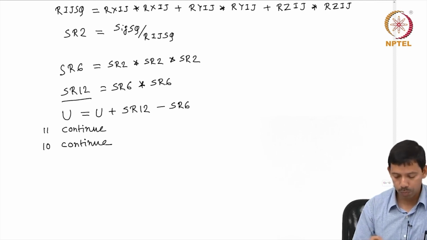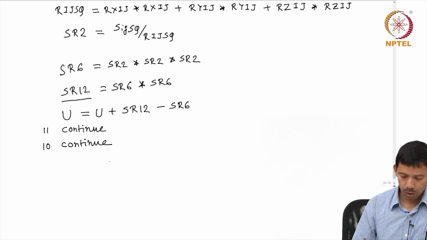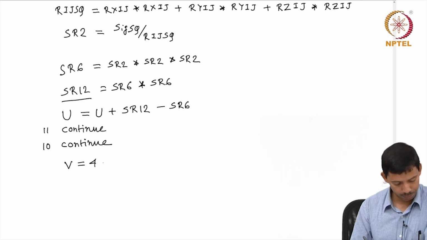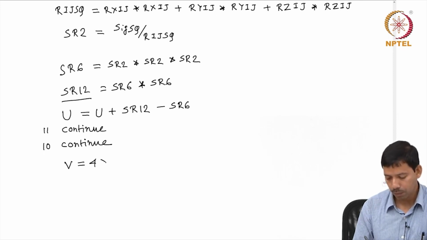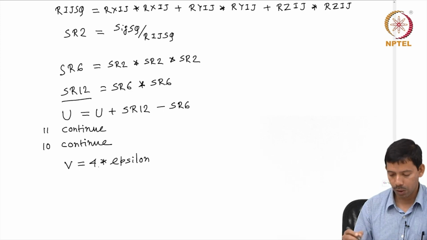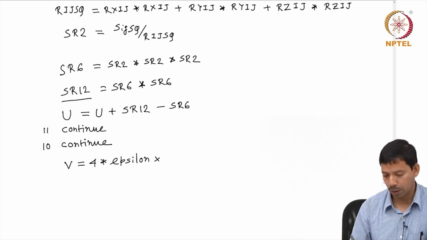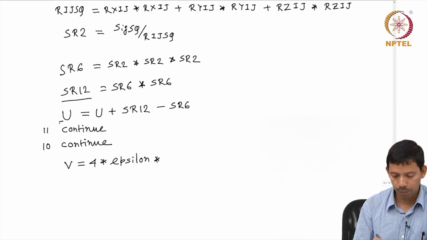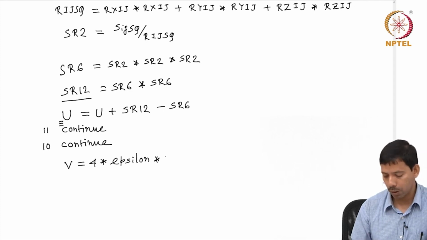Once both loops are closed, I get the total U, which should be multiplied by 4 epsilon. Epsilon I have read, and this 4 epsilon, the constant term, I multiply with the final U I get after the loops are closed.